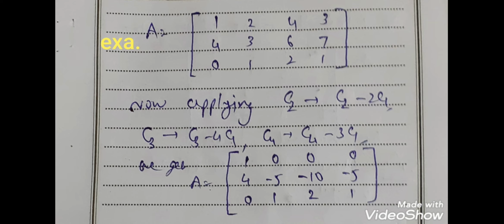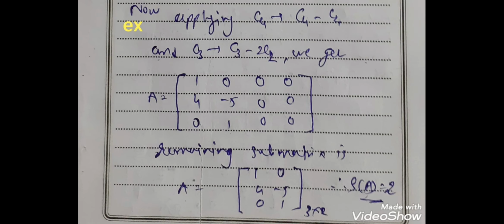So if we multiply the second column by minus 2 and add into the third column, all the entries of the third column are also 0. Both the third and fourth columns now have all entries 0.